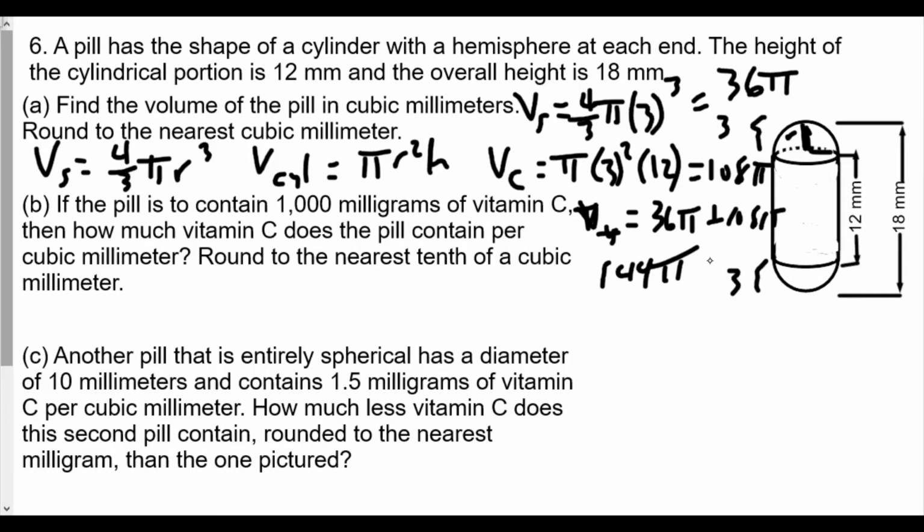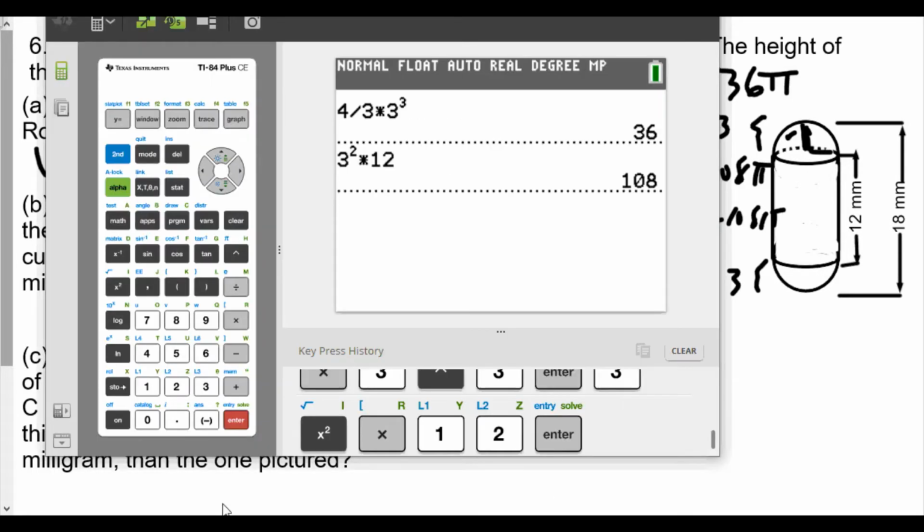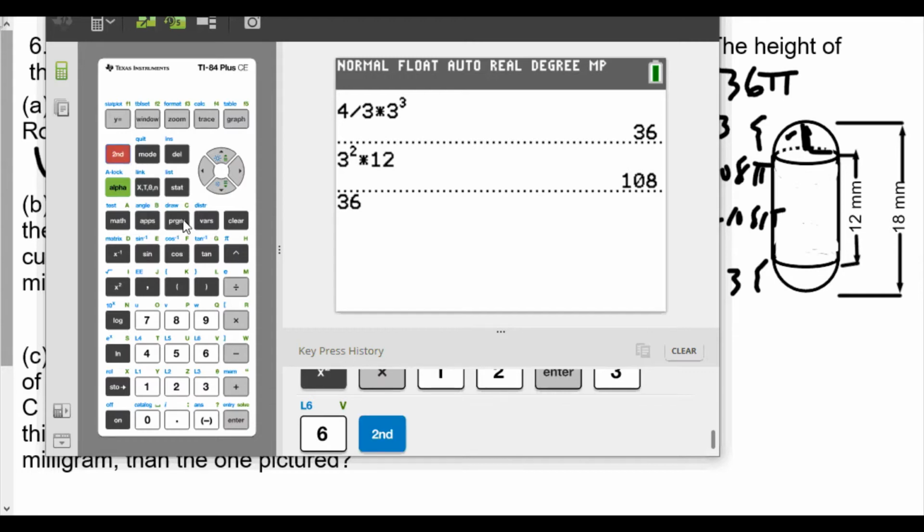But it says to the nearest cubic millimeter, so we're going to take our calculators. Just in case I add wrong, because it happens, I'll do 36 pi plus 108 pi.